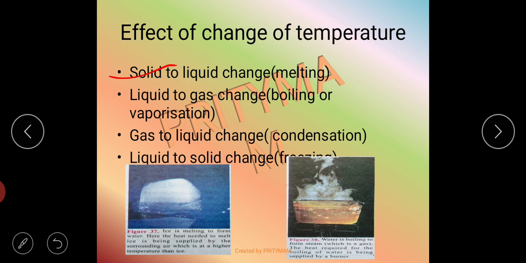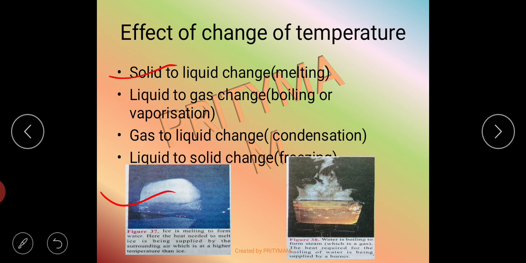Solid to liquid change is called melting. If we heat ice, it changes into water. In this case, solid ice changes into liquid water. So a change of state has taken place.